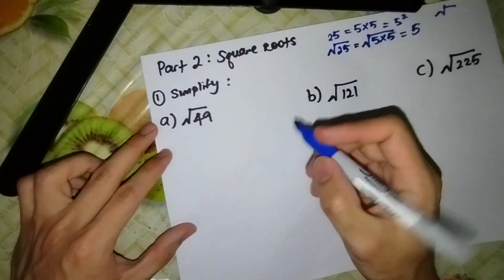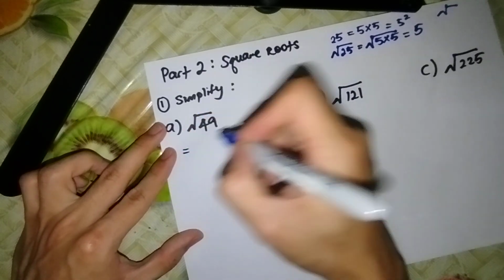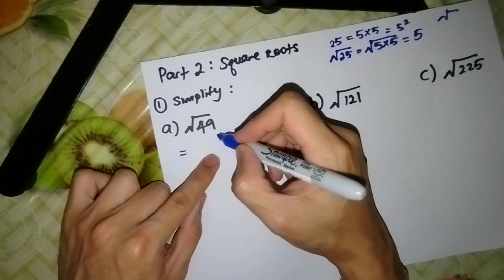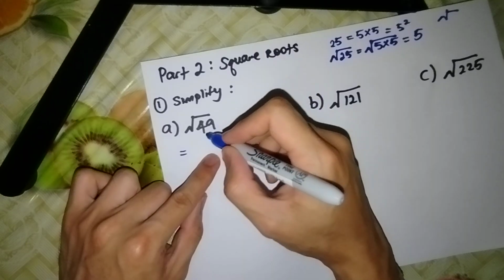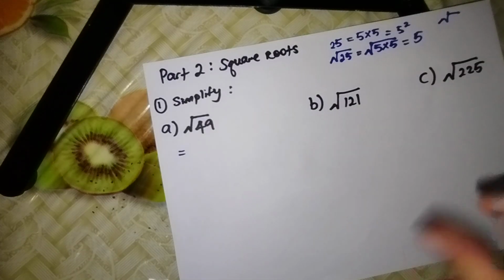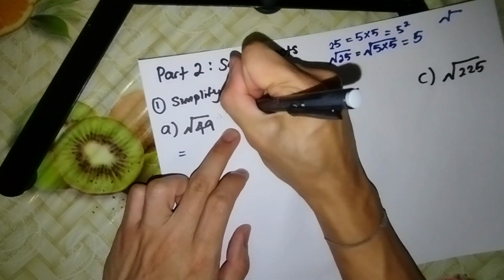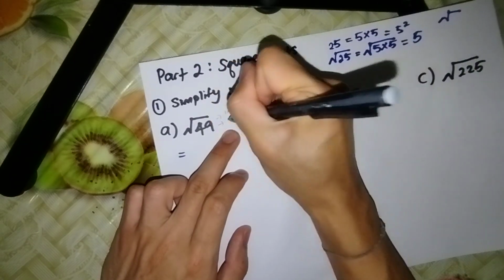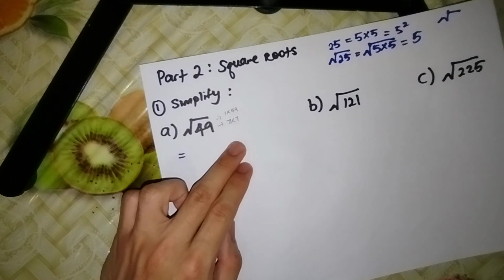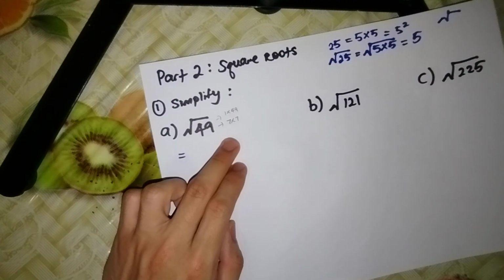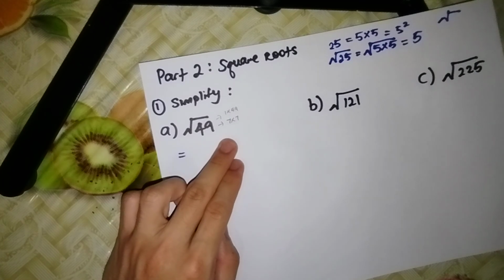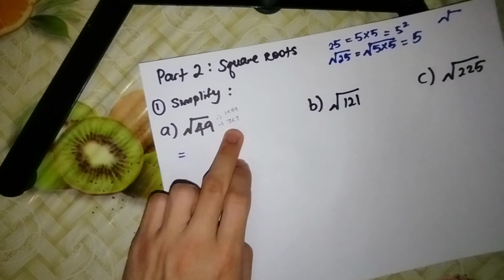First of all, we ask ourselves, what two numbers can multiply each other to give us 49? 1 times 49, 7 times 7. Can 3 multiply by something to give you 49? I don't think so. Can 4? Nope. 5? Nope. 6? Nope. 7? Yes, that's about it.